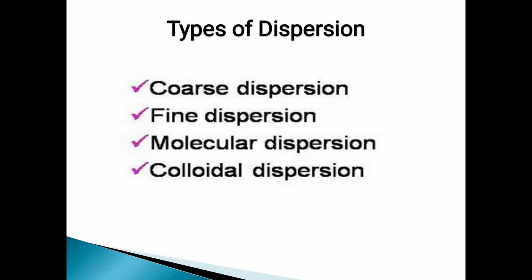In molecular dispersion, the particle size will be much smaller. In colloidal dispersion, the particle size ranges from 1 to 1000, between a solution and a coarse dispersion, and that is known as colloidal dispersion.